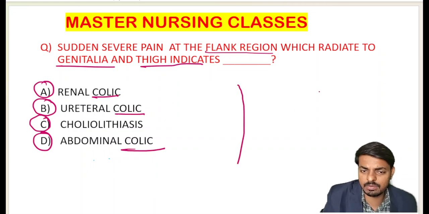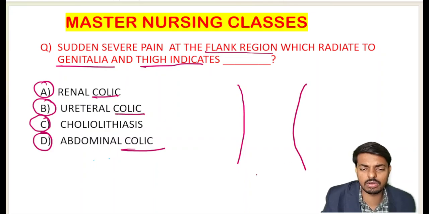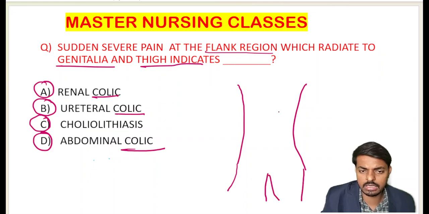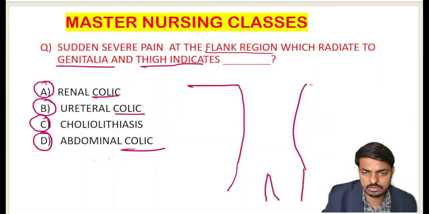I am drawing one simple diagram in front of you. This is our human body. Here are the thighs, and here are the upper extremities. This is the posterior part of our body.